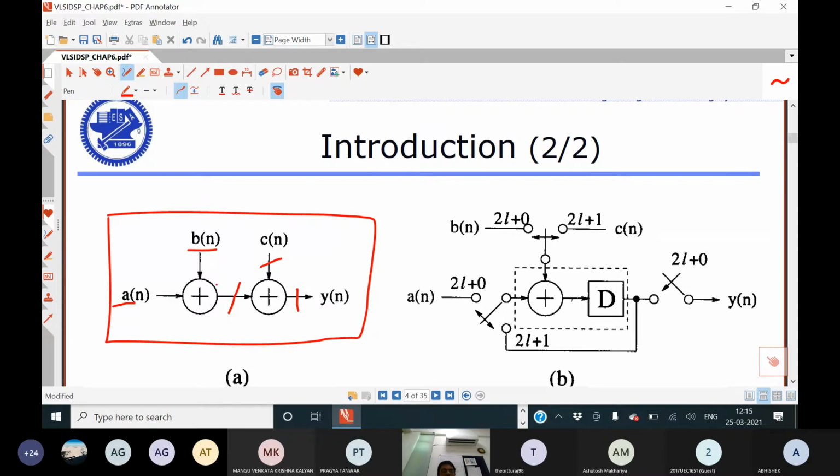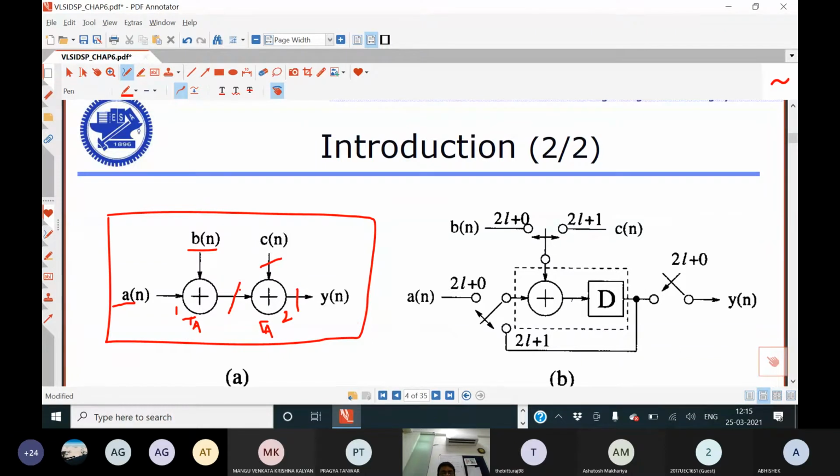Now here, if you observe, two adders are being used. So 1 and 2 adders are being used. Consider the time as TA.